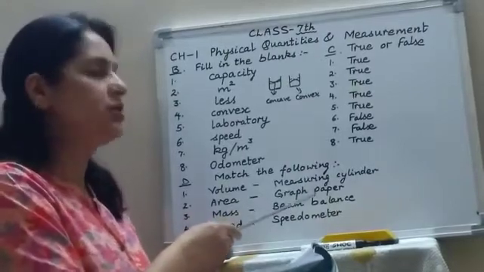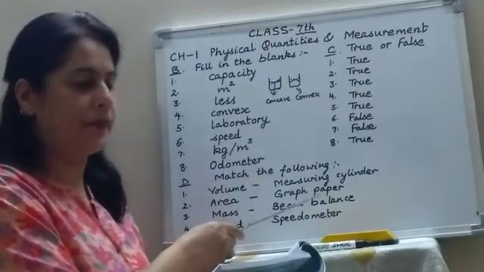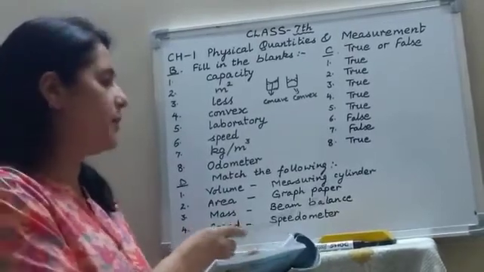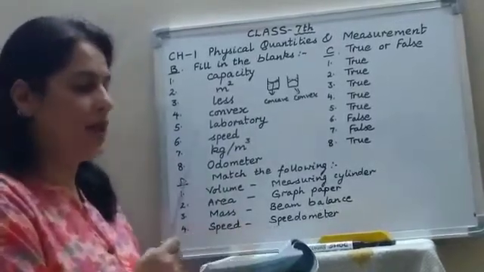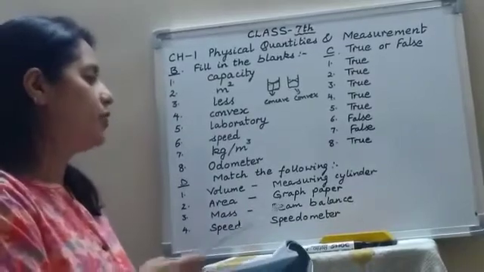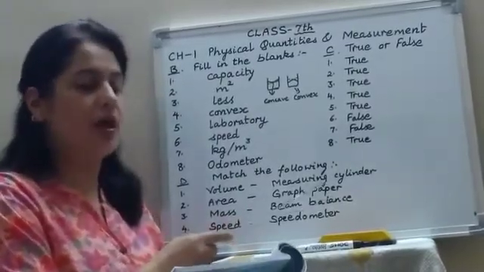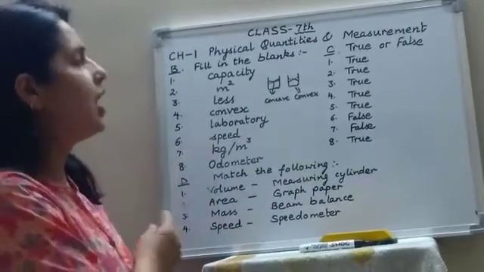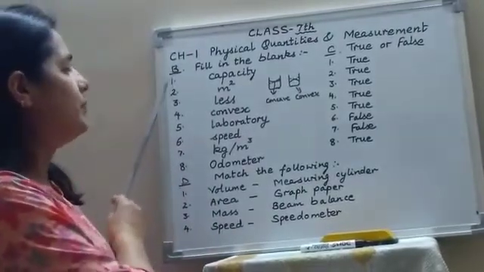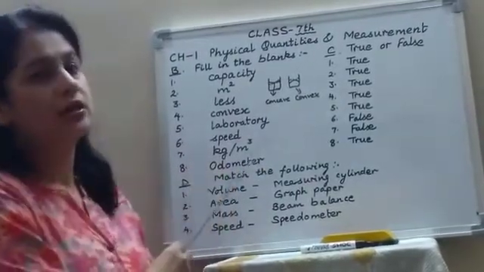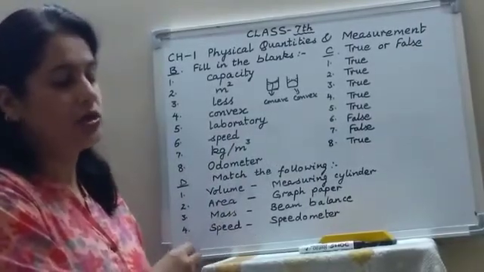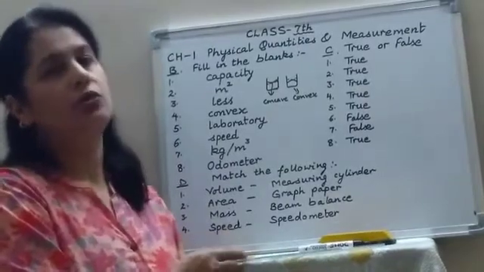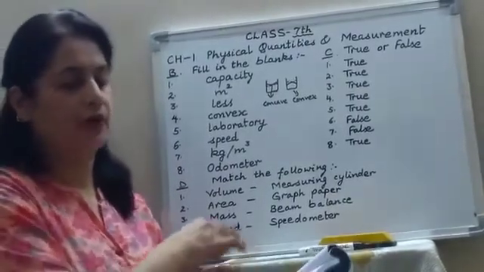By using a graph paper. How can you measure the mass? By using a beam balance. And the last one is speed. Which device is used to measure the speed? Speedometer. So these are the answers of question number B, C and D. Okay. Children, you can do all these questions in the textbook only.